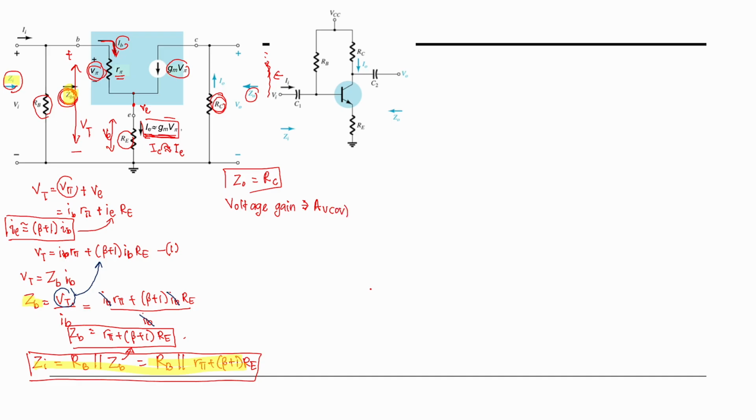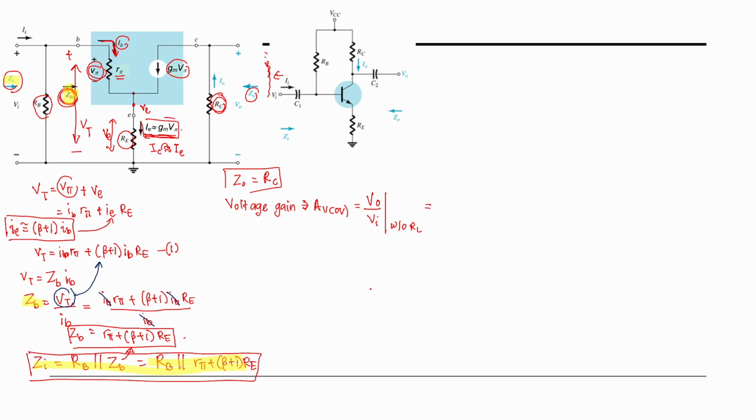So AVOC is what? Voltage at the output over voltage at the input. AVOC is without RL, because there's no RL here.